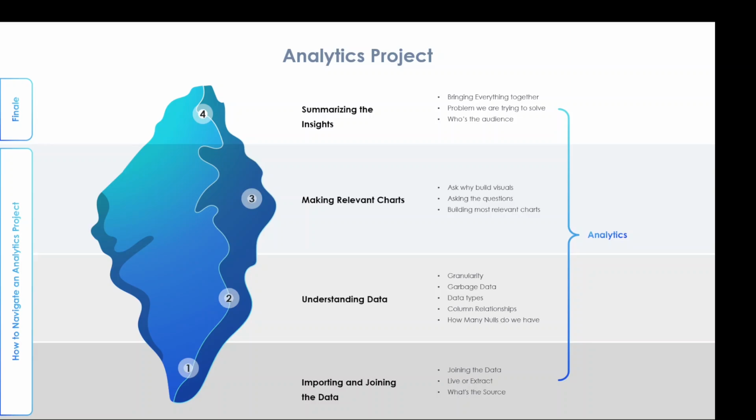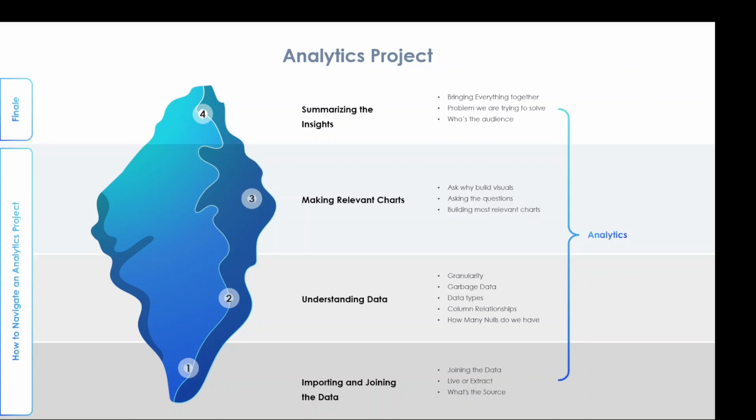What's the relationship between your columns? Do you have any nulls, and how would you go about removing those nulls from your data? This is probably one of the most important steps. It's probably one of those building blocks which, if you're not able to do properly, your analytics project is not going to go great. The third step is making relevant charts.